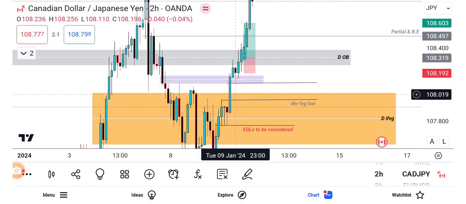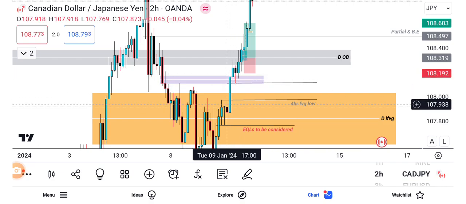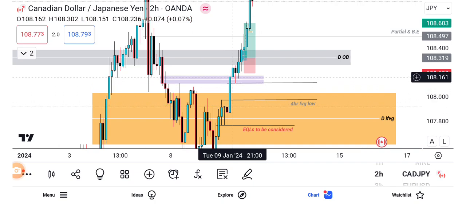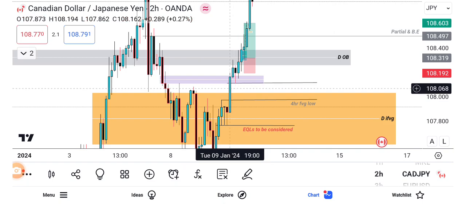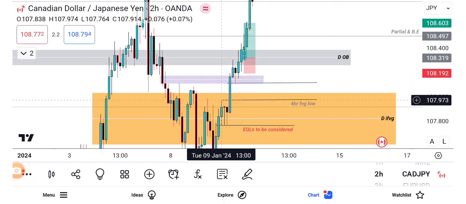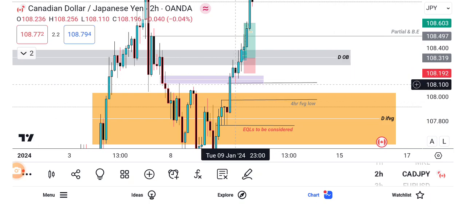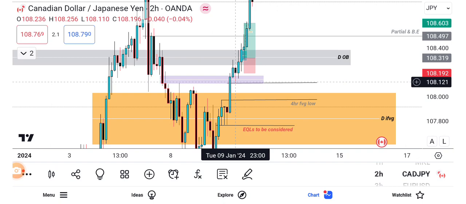So inside the 2-hour we had this fair value gap over here. From this candle's high to this candle's low, we have a gap there. Then we have this drop down that rebalanced this 2-hour inversion fair value gap, and we can also see how it reacted with that 3-hour inversion fair value gap.